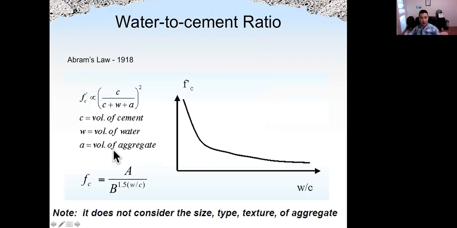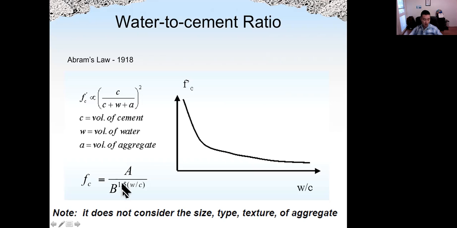Because porosity is very important to the strength, and water-cement ratio directly controls the porosity, water-cement ratio directly controls the strength of concrete. This is Abrams' law, from more than 100 years ago, which shows the strength of concrete is correlated with water-to-cement ratio.